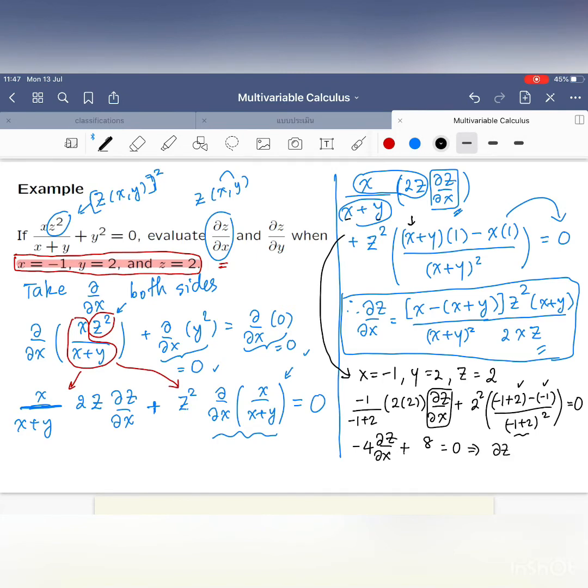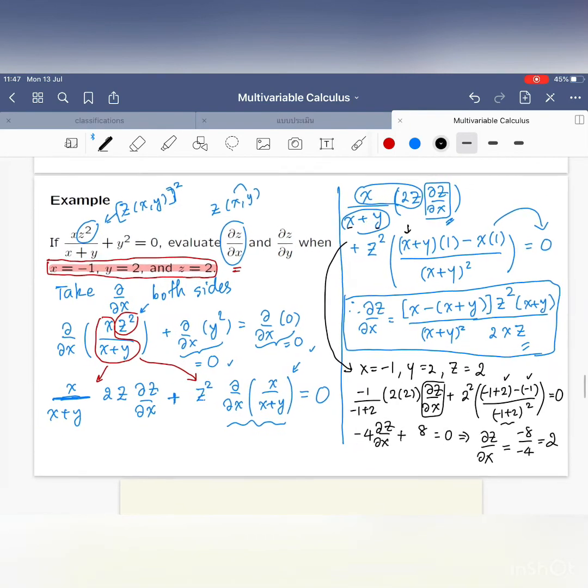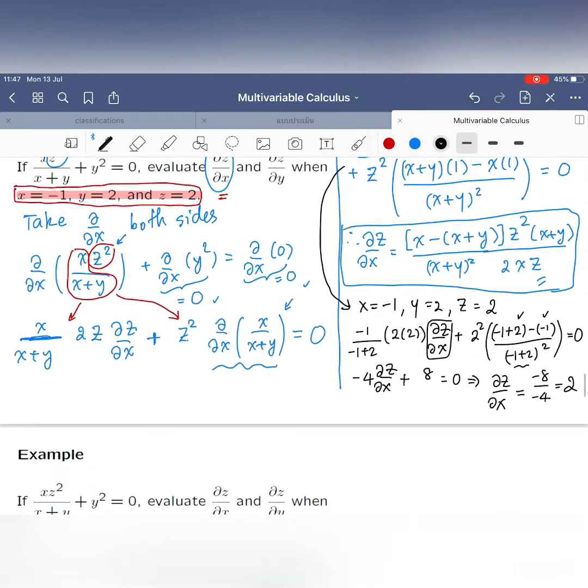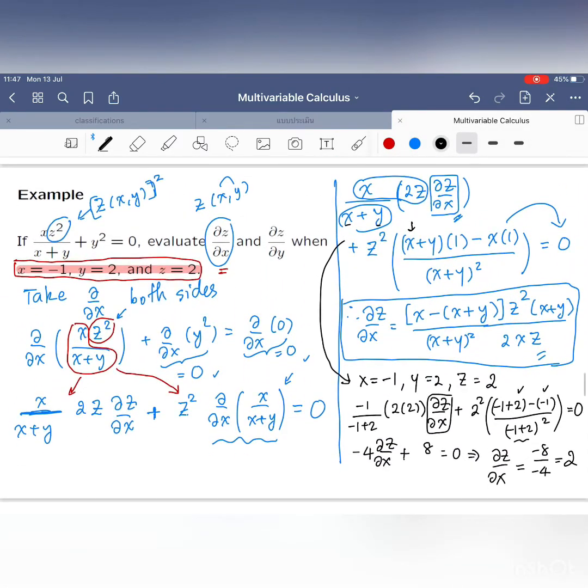So it means that your dz/dx is simply -8 over -4, which is 2. So this is your derivative of z with respect to x at this particular point.